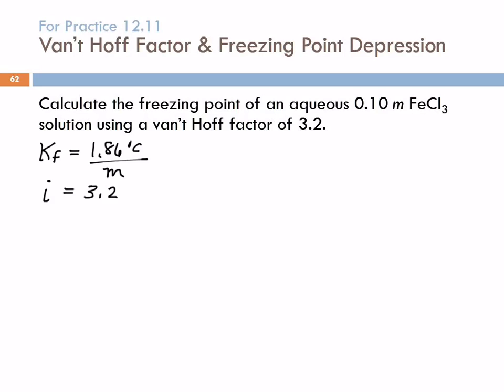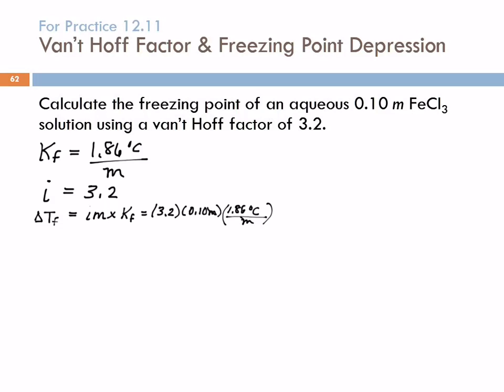So the freezing point depression, the change in the freezing point, is equal to the Van 't Hoff factor times the molality times the freezing point depression constant. So we've got 3.2 times the molality, 0.10, times the constant, 1.86 degrees Celsius per molal.